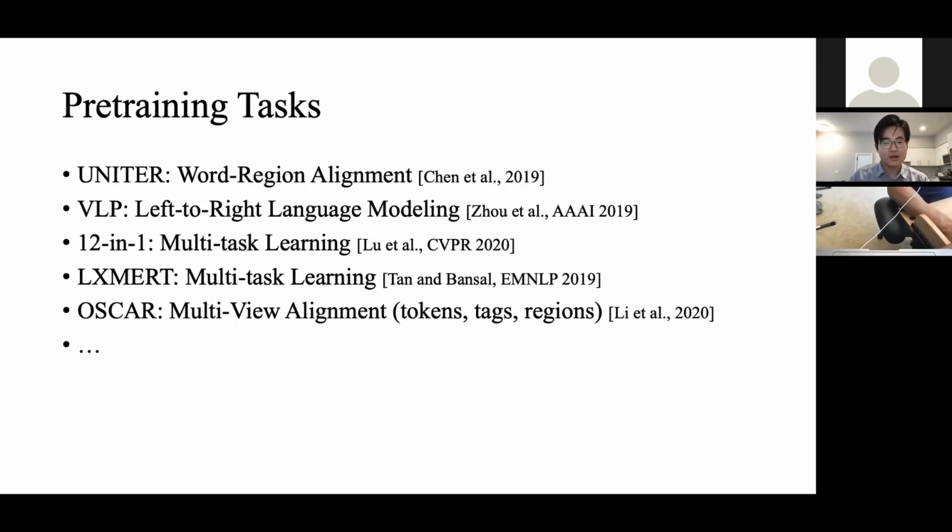And Oscar, the recent paper, said, okay, now those papers are using tokens and regions only. I'm going to also use the text, and I'm going to enforce the multi-view alignment into each two pairs from the three sets. So these are some other pre-training tasks that you could see from the other papers.